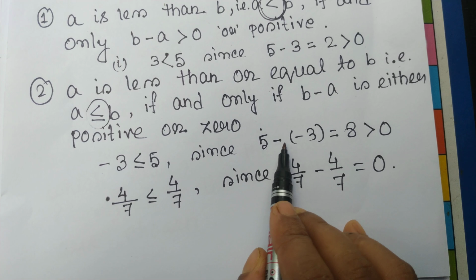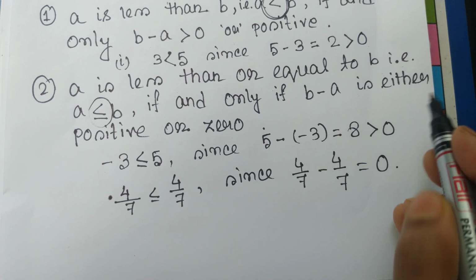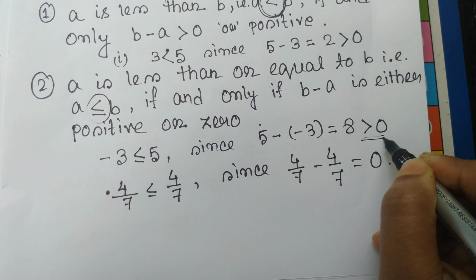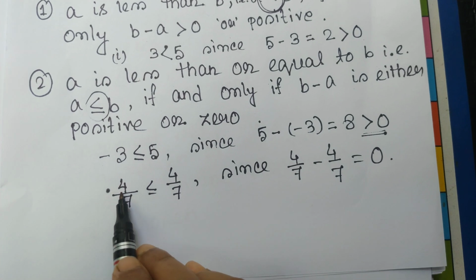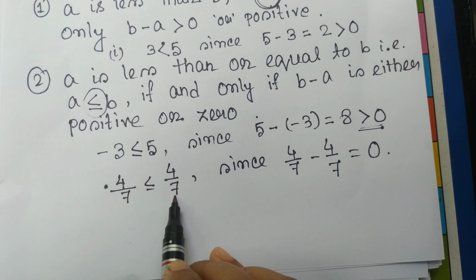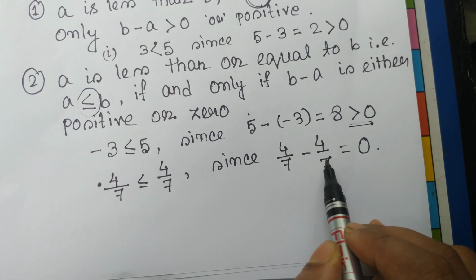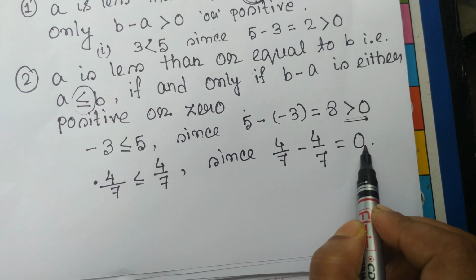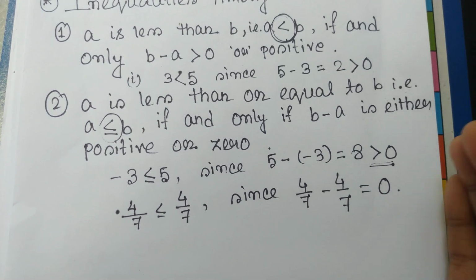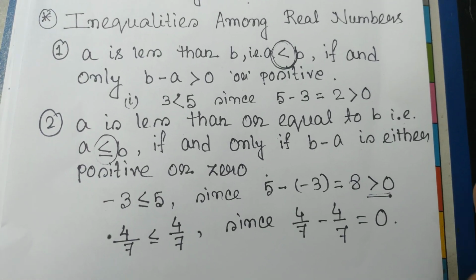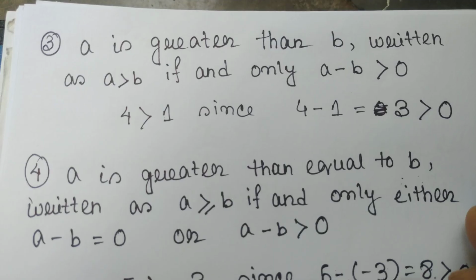See, 5 minus minus 3 equals 8, which is greater than 0. Now 4 by 7 is less than or equal to 4 by 7. Why? Because 4 by 7 minus 4 by 7 equals 0. When we solve some sums, it will be clear to you.